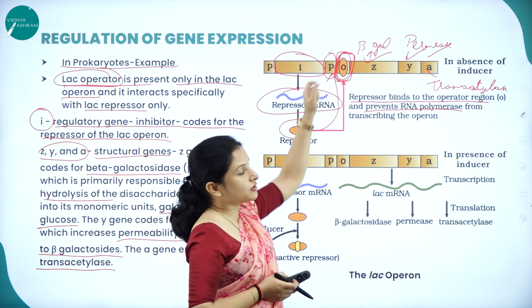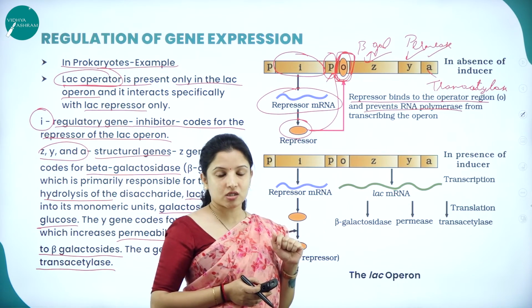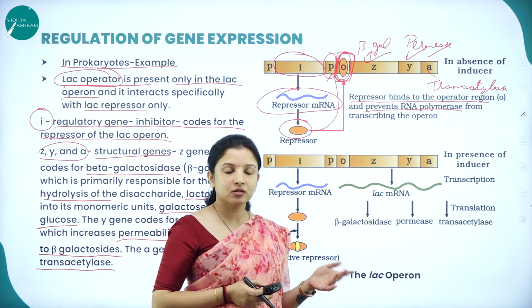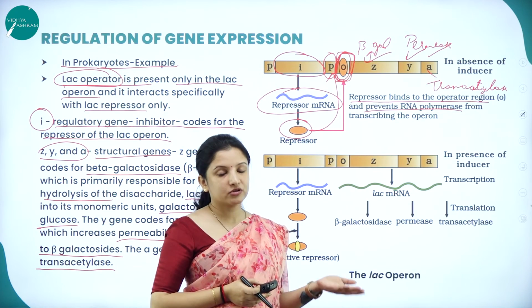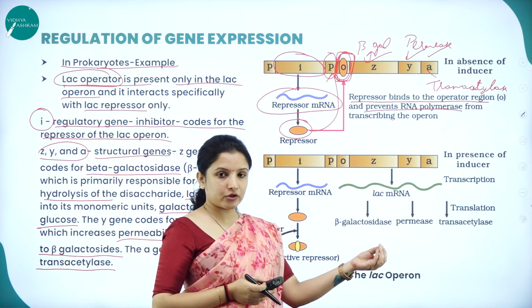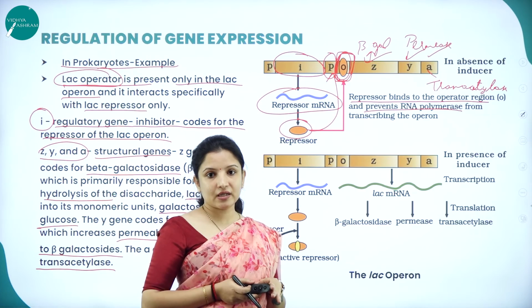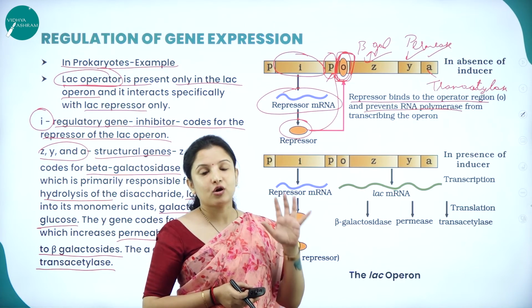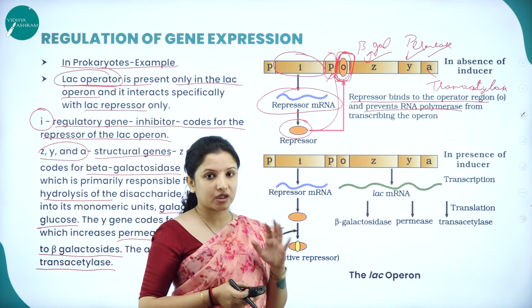RNA polymerase doesn't bind to the promoter region. There is no RNA polymerase there, and no RNA polymerase means the mRNA strand will not get produced. That is how it stops the transcription process, or stops the expression of a particular gene.